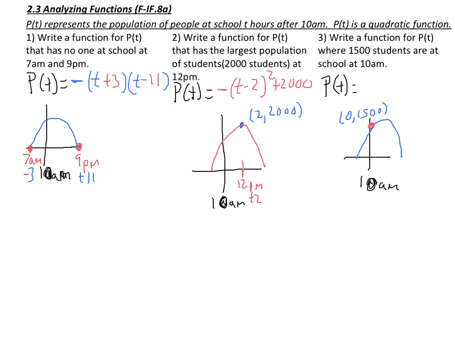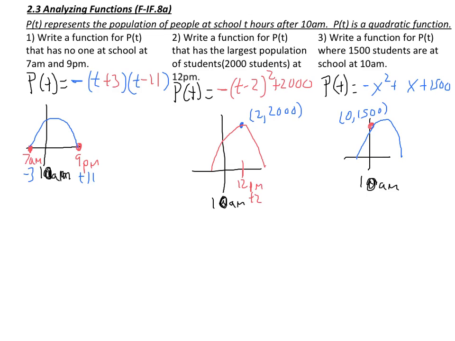That would make no sense for the situation. So I know it's going to be a negative x squared plus, I don't know my x, so let's just put x. I don't know what the b value is. There's no way to know my b value. But do I know my y-intercept? Yeah, I actually do know my y-intercept. So this could be plus what? 1,500?